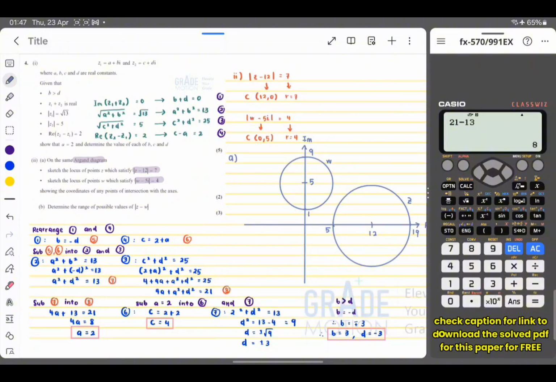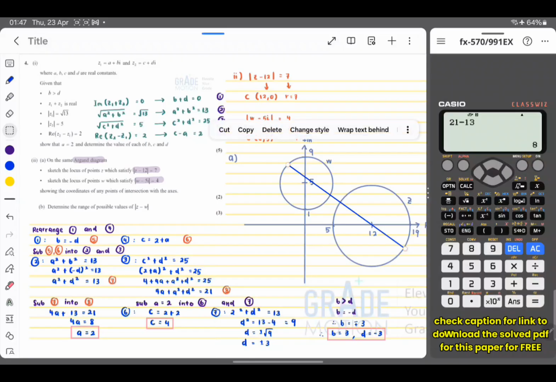Next, part B. Determine the range of possible values for modulus Z minus W. Okay, so we want to find the maximum and minimum distance between Z and W. Let's think of the maximum distance. The maximum distance must come from where we draw a straight line and it will pass through the center. Okay, let me adjust.